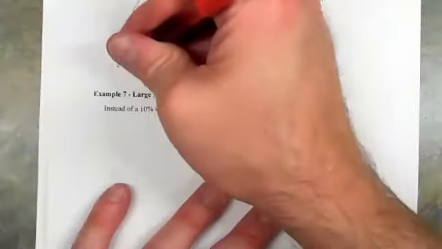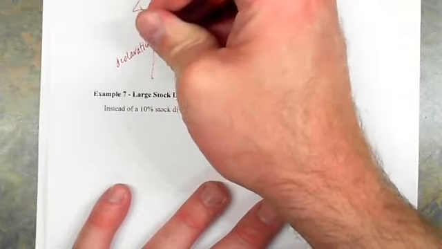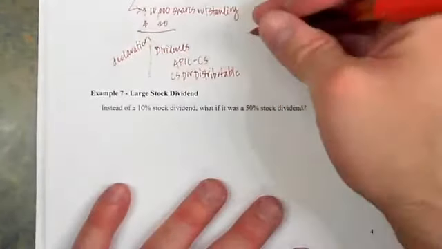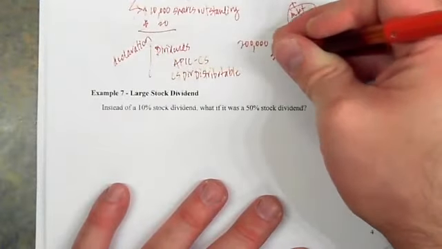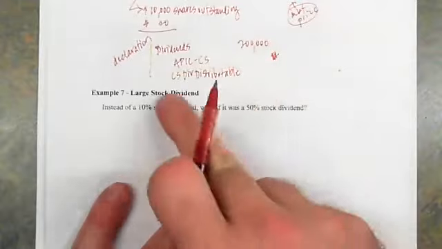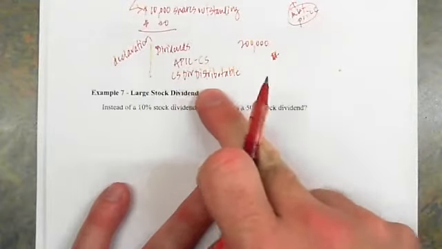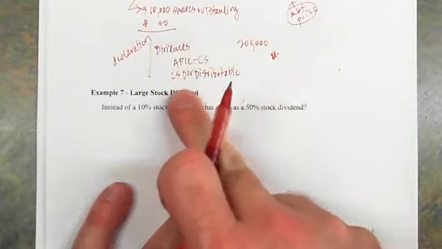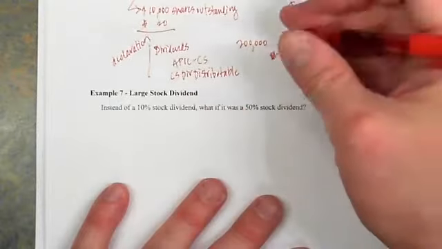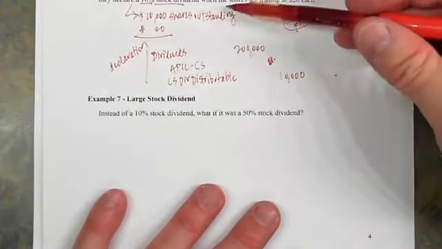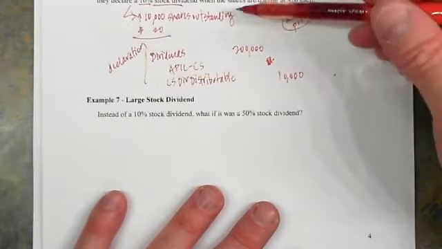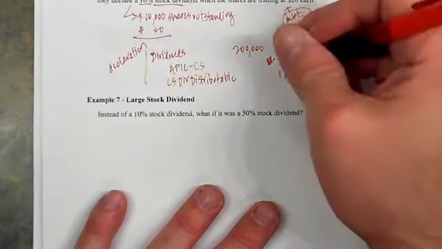So this is on the day of declaration. And then remember here, we're going to want to use the par value on the dividends distributable because this will eventually go to common stock. So if we're talking about an increase of 10,000 shares at $1 par value, that's an increase of $10,000.